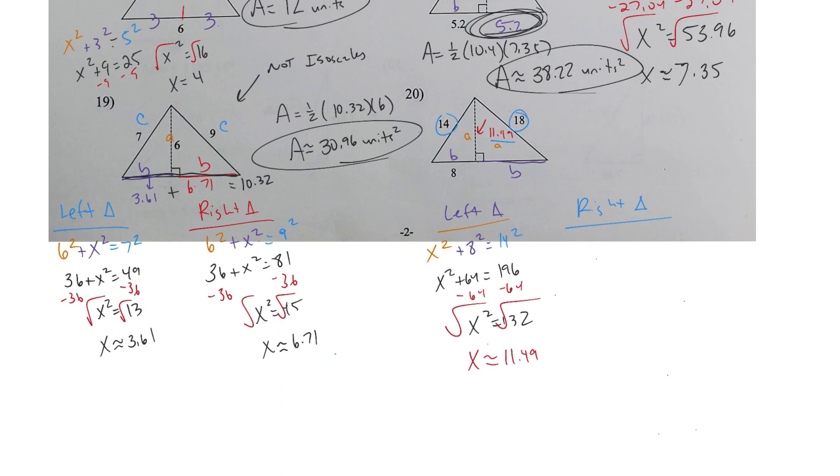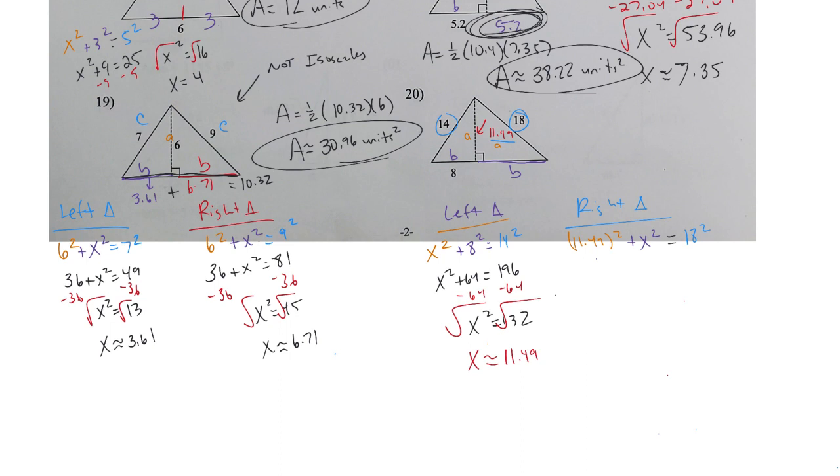So I'm going to say 11.49 squared plus x squared, because we don't know it, equals 18 squared. And I just go through and do everything like I've done before. 11.49 squared is 132.